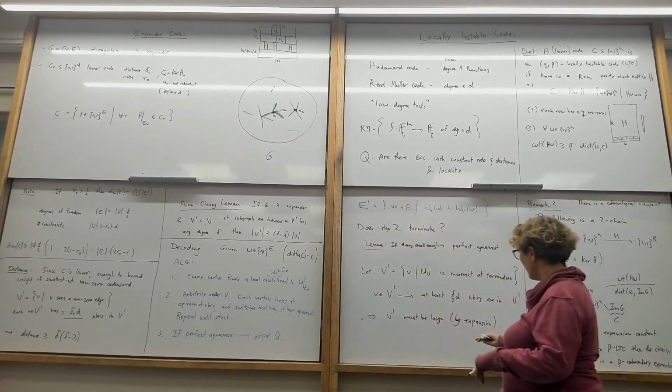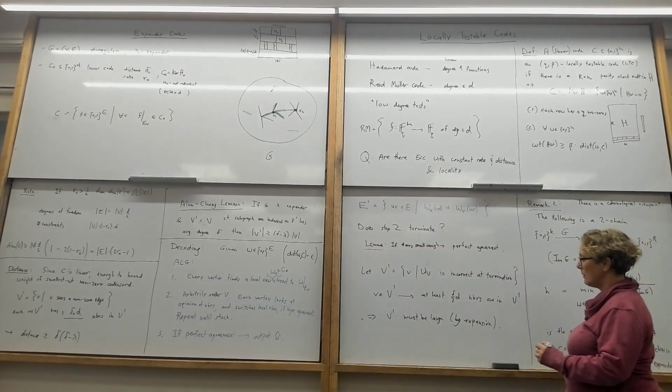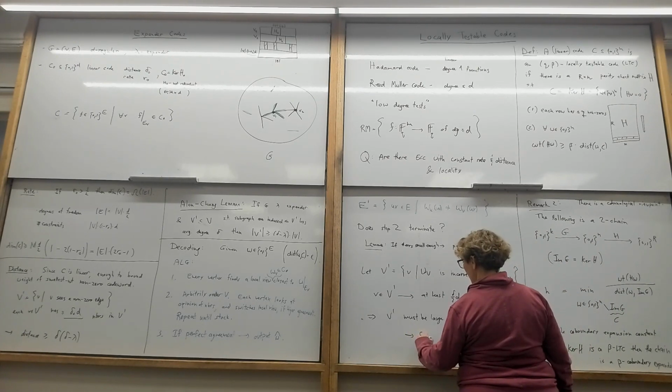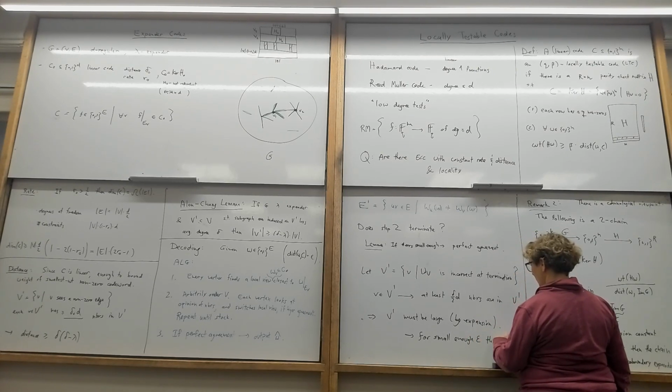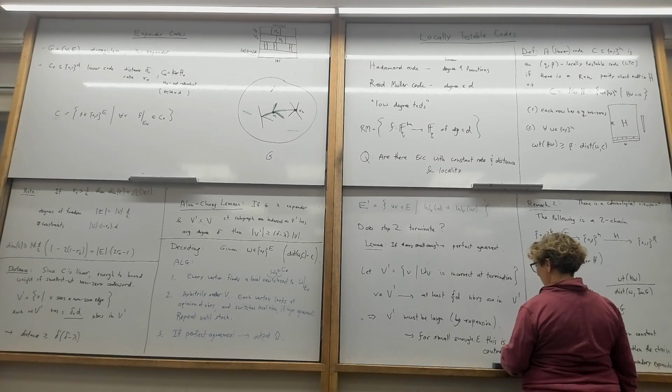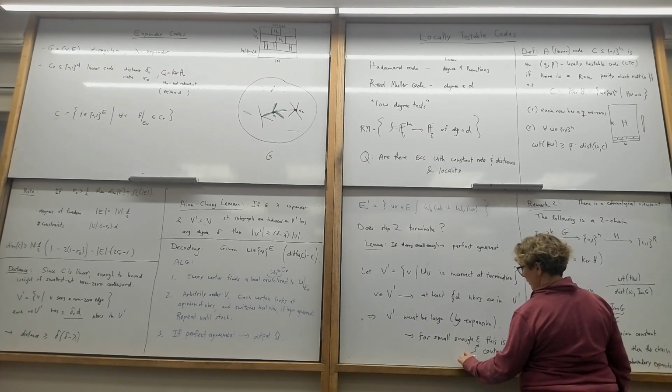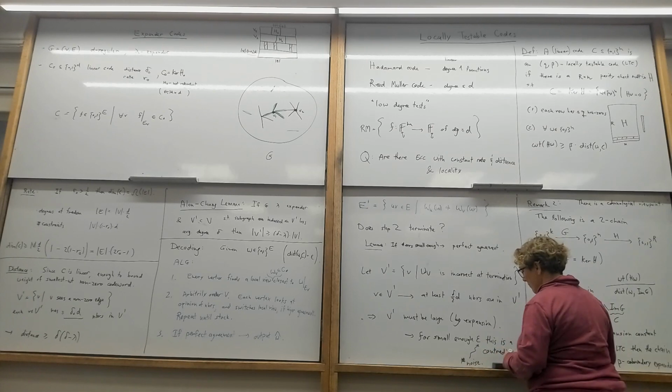So without going into the details, this means that for small enough epsilon, this is a contradiction. Epsilon here is the number of errors, the amount of noise. Let me just write noise.